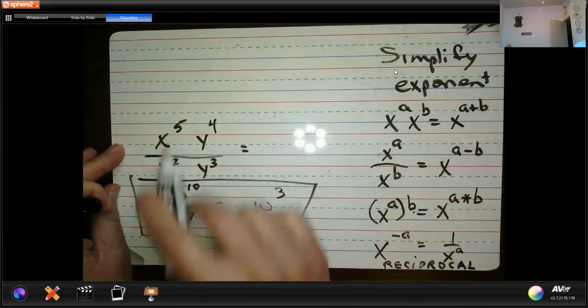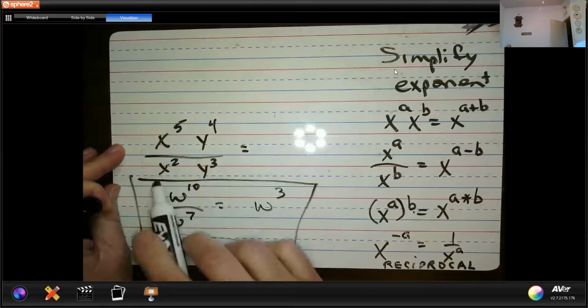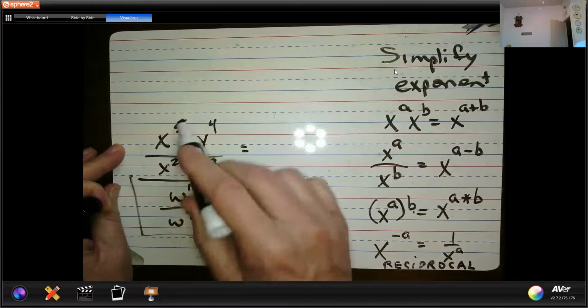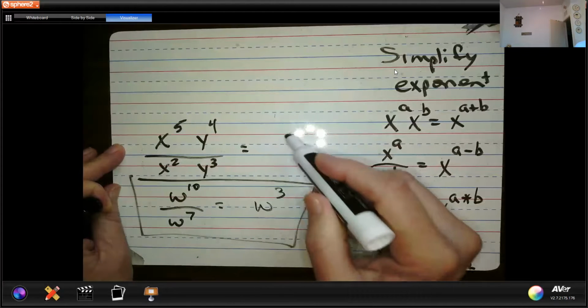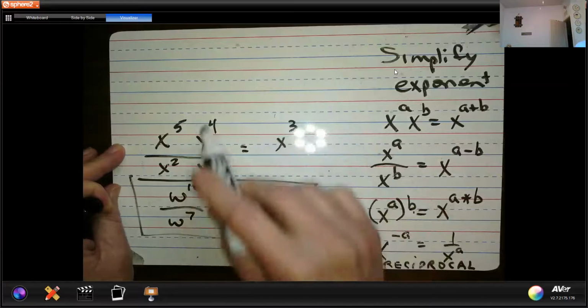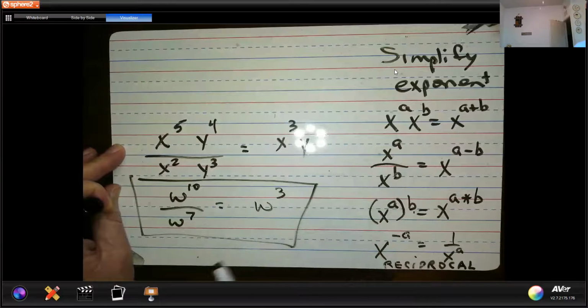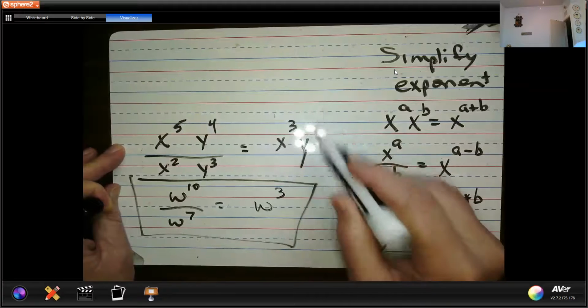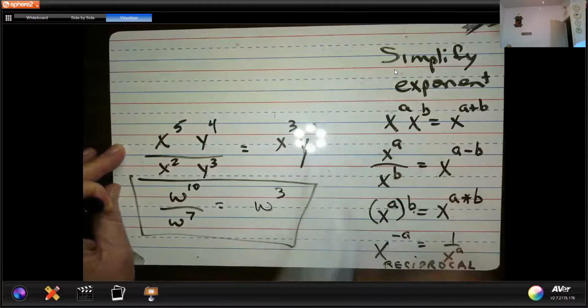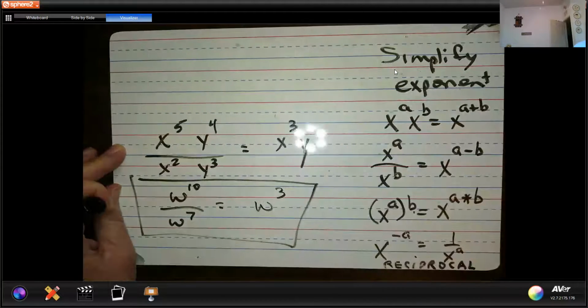Well, I have to subtract these exponents. You can only subtract the exponents of letters that are the same, right? So I have to subtract the x's. So that would be x to the 3rd. And I have to subtract the y's. 4 minus 3 would be y to the 1. Now you can put the 1 there, or you can leave it off. It's okay to have it there. It doesn't hurt. It's okay to have it off because it means 1 if it's not there.